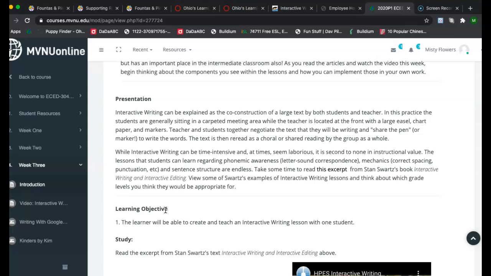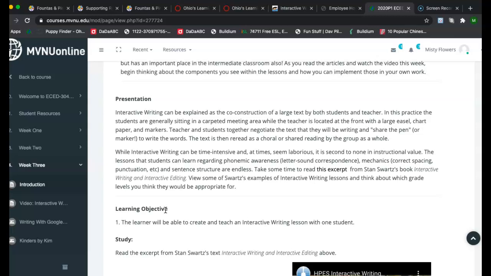And the students need to understand that when we are writing for an audience, someone else is going to read it. So we want the conventions to be correct. As you are writing the text, you are rereading what you have written each time so that the students have that in their head and they know what they're going to be writing next.